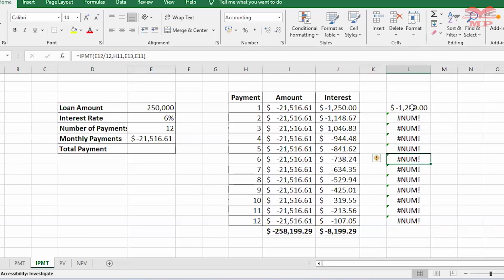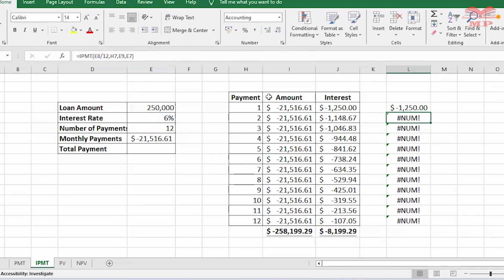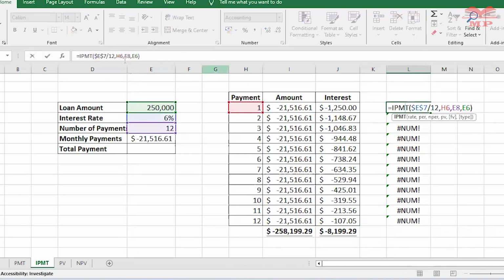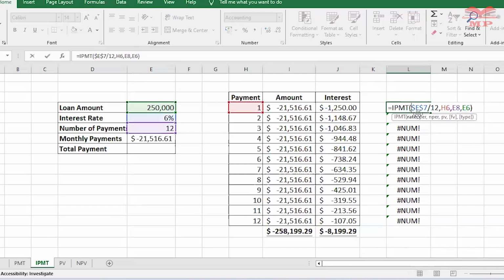So if you recall from our first lesson, when I want this to remain on that, we use absolute reference. I've pressed function F4 because I'm using a laptop, to lock that on 6%. It will just add those dollar signs around the E. Another field I want to handle is the period.